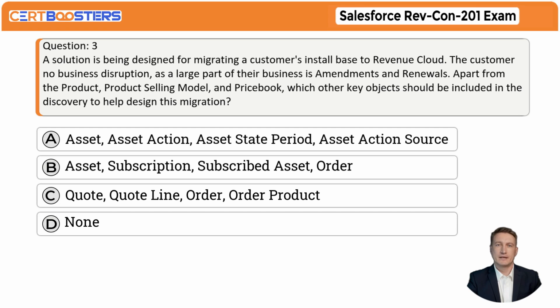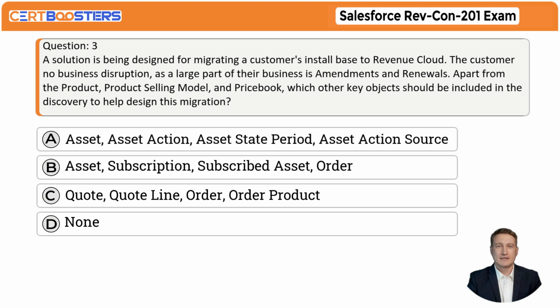Question 3. A solution is being designed for migrating a customer's install base to Revenue Cloud. The customer states that it is extremely critical for the install base to work fine in Revenue Cloud so that there is no business disruption, as a large part of their business is amendments and renewals. Apart from the product selling model, and price book, which other key objects should be included in the discovery to help design this migration?